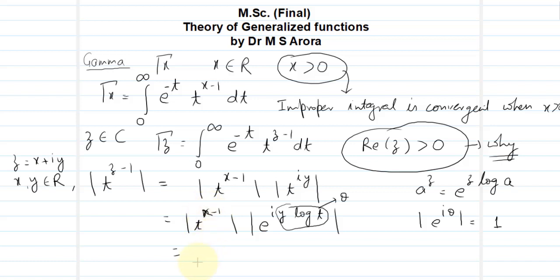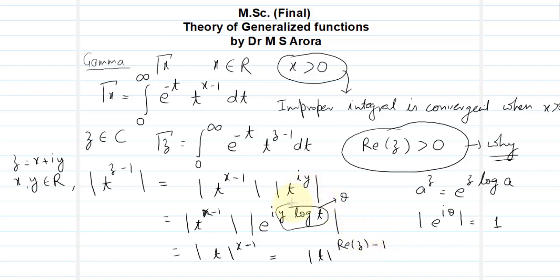Yes, t to the power x minus 1. So we can directly write it as the modulus of t to the power x minus 1. And if you pay attention to what x is, x is nothing but the real part of z. So you can directly write it as t to the power real part of z minus 1.